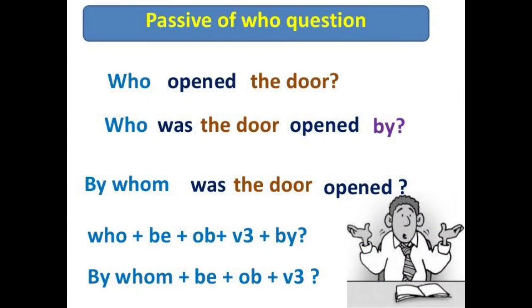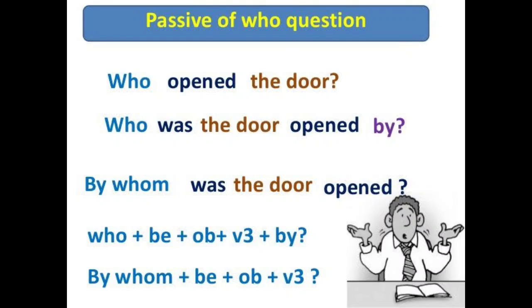Children, as we have discussed in the interrogative sentence, if there is no subject, then it should be changed with "by whom." Look at the example here. "Who opened the door?"